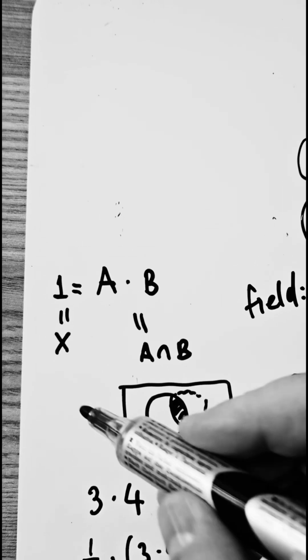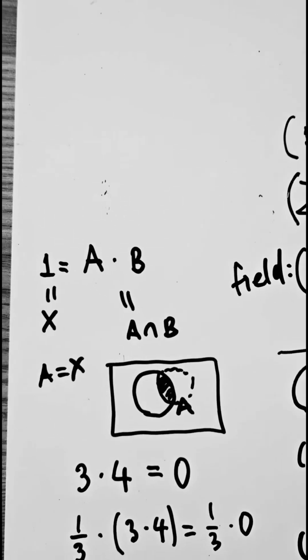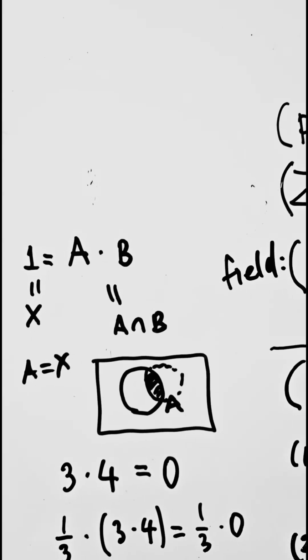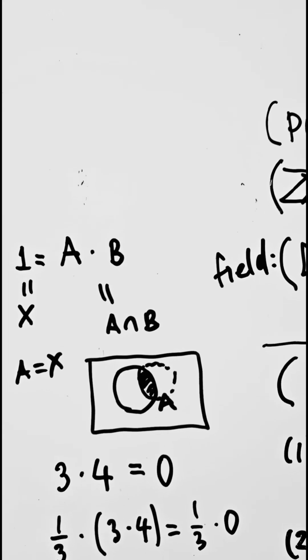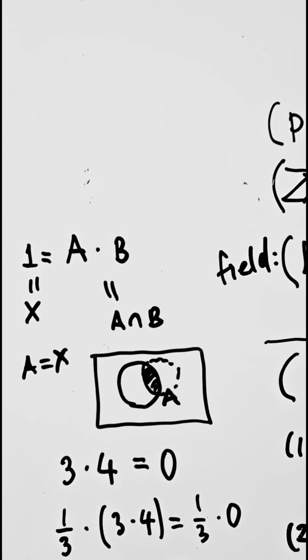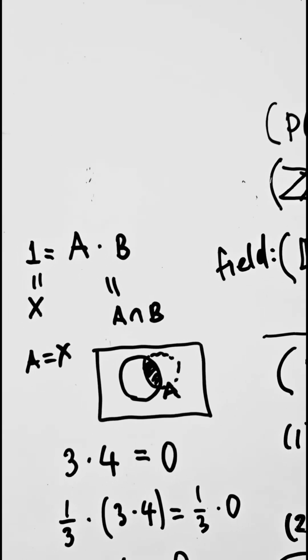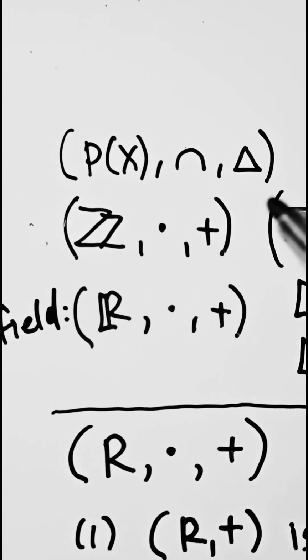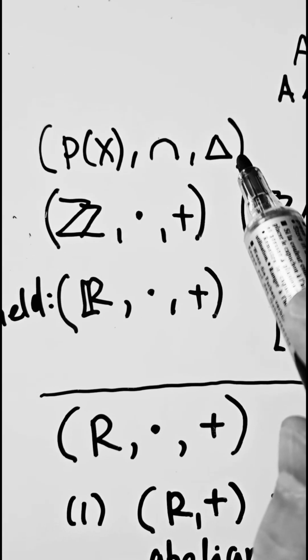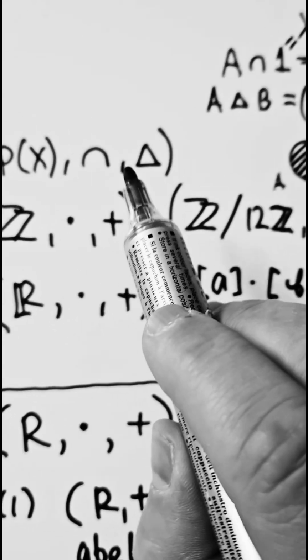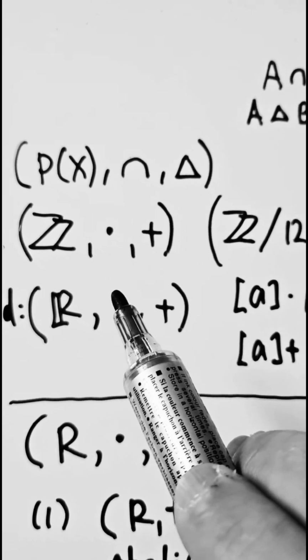Of course, if A was X, then we're fine. Then we could pick B to be X as well. But as soon as A is not X, it will not have a multiplicative inverse. So in this ring, only the identity element, the subset X itself, has a multiplicative inverse.